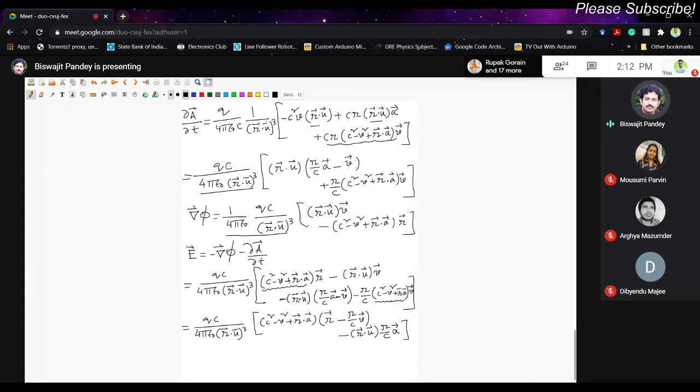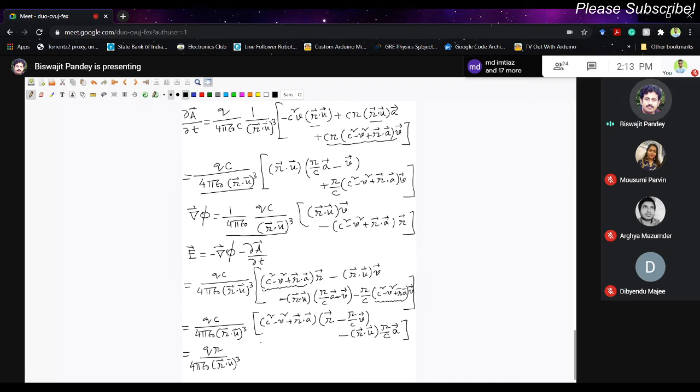Okay, what else can be done? You see, these expressions can be recast in terms of the u vector. If I take r by c common from the entire thing, these terms inside the third bracket, r by c common, then c will get cancelled. So on the numerator we will have q into r, over 4 pi epsilon 0 r dot u whole cube.